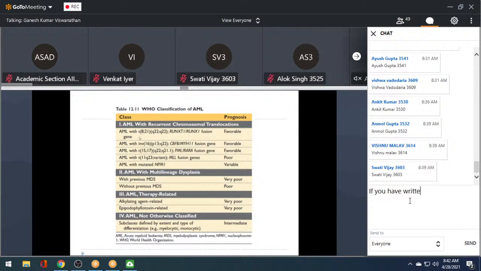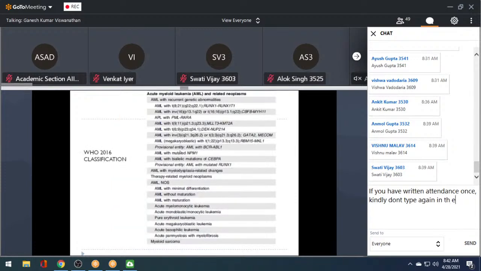So we have AML with translocation 8;21 with fusion of the gene RUNX1, and AML with mutated NPM1. These are acute leukemias classified based on different genetic abnormalities. And AML with translocation 15;17 is acute promyelocytic leukemia. It's a very big list of all the different types of acute leukemias.